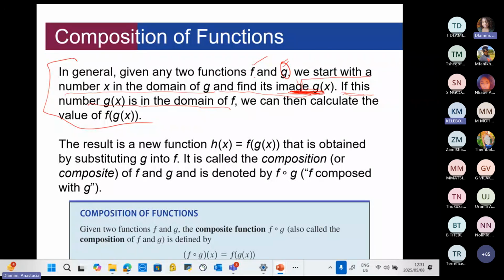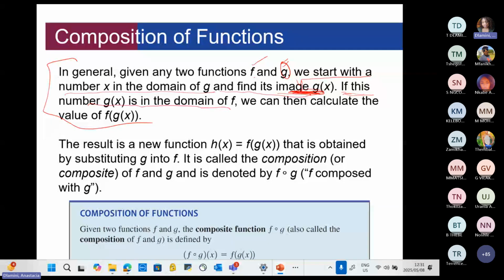If you can translate any statement, guys, that's how I did my maths. I'm a township girl, so I combine languages, I learned languages, and I've been around different languages, except for Afrikaans. So if it didn't make sense, I use my own language. They say, if you are given these two functions, you take x and check, this is the domain of g, right?